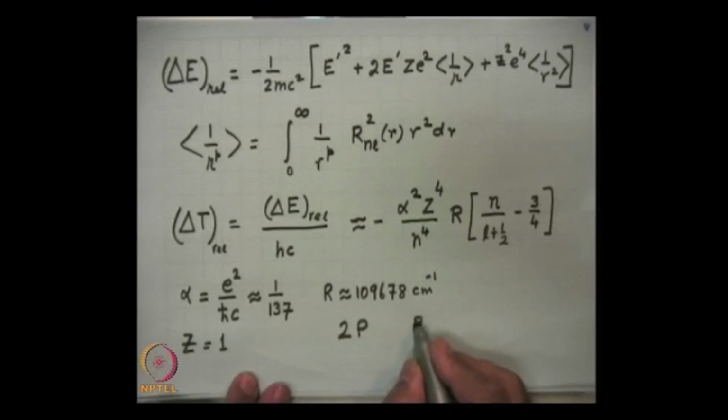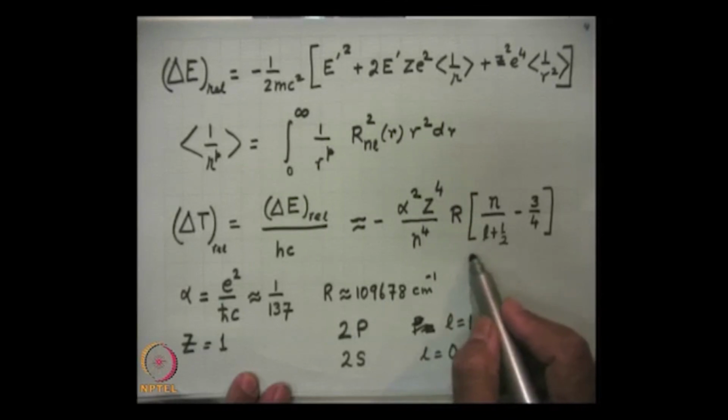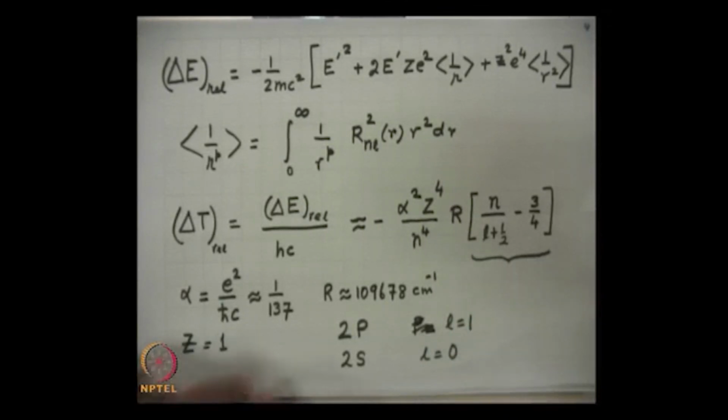So, we know all the parameters, and for example, for the 2p state, p means L is equal to 1, and for the 2s state L is equal to 0. So, we find that for L equal to 1 and L equal to 0, the value of this expression is slightly different, and we obtain a splitting of the level. This splitting is due to relativistic effects, and the final result is for the 2p state and similarly for the other state.